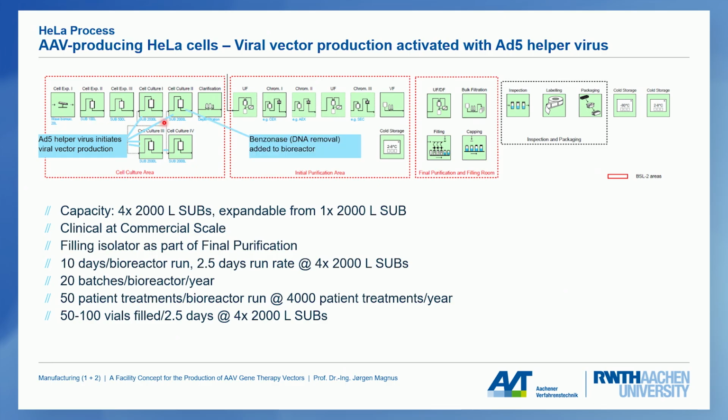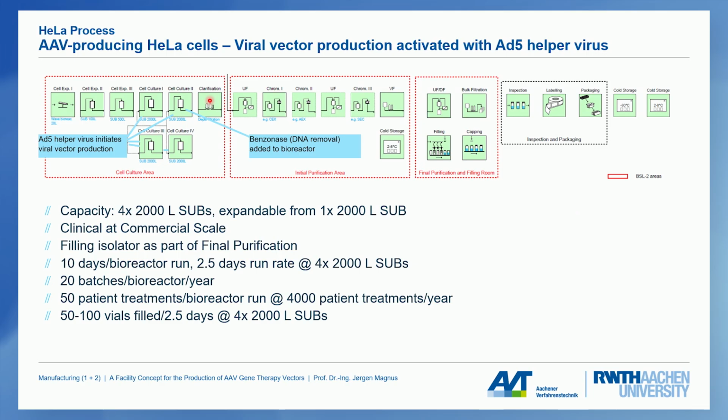And then we also consider the benzonase step, which is to remove host cell DNA, so the DNA that results from the production cells. The benzonase is added to the bioreactor after the production phase, so that you can dissolve the DNA directly, and then it should be a lot easier to do the clarification steps, and your depth filters won't block so easily once you have done the benzonase treatment.